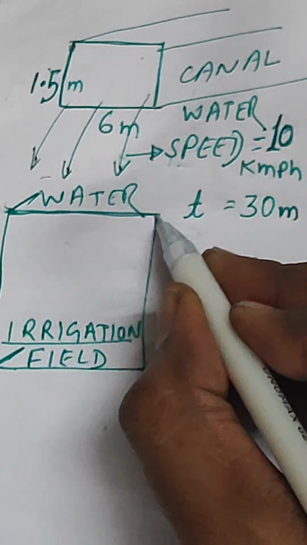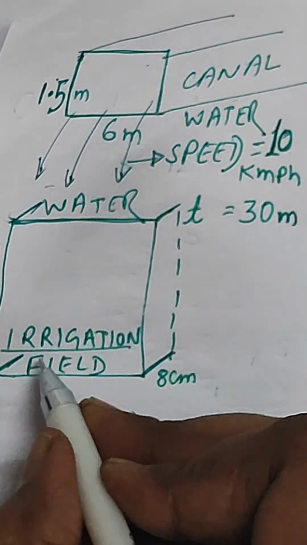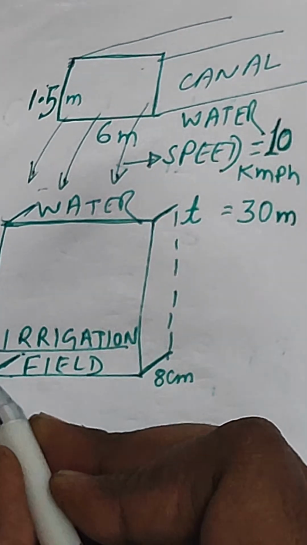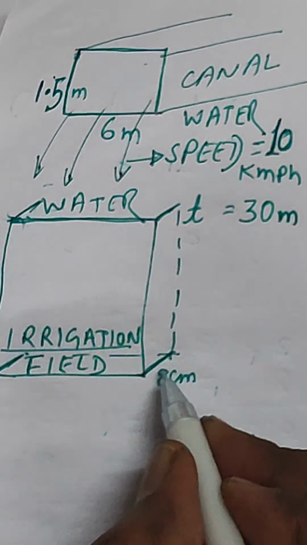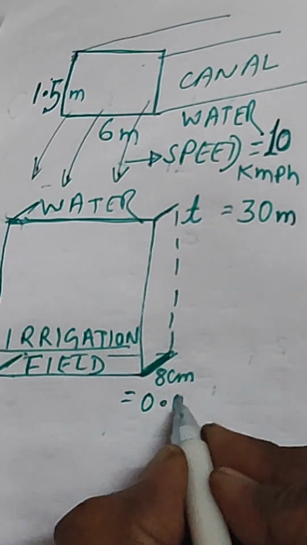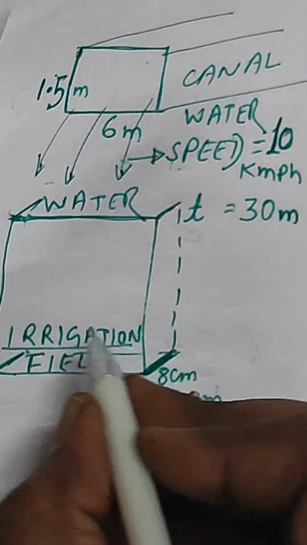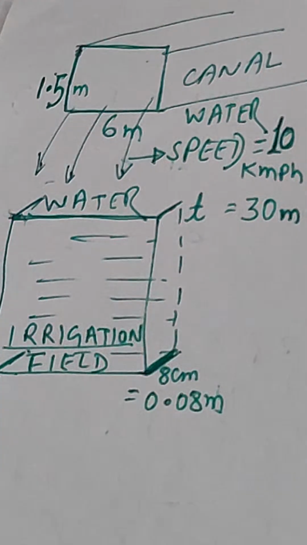When paddy crops are put into the field, it holds some water. So let us say this is the standing level of water. This is 8 centimeter, which can be said as 0.08 meter.